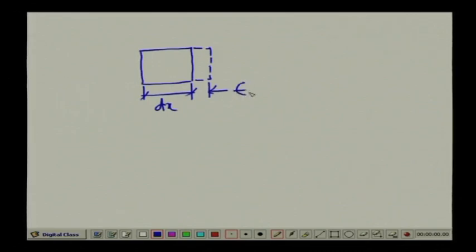Now, if we consider the material in this particular plane only, in the x direction when it is stretching, it is undergoing deformation in this particular direction, and if we say this length as dx, then it will undergo stretching in this particular direction, which is epsilon x dx, epsilon x being the strain, dx being the original length, then the elongation is epsilon x dx, or it can have stretching in the y direction.